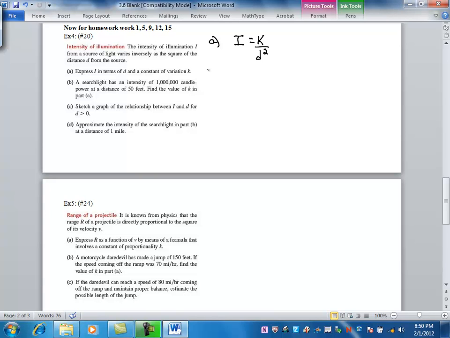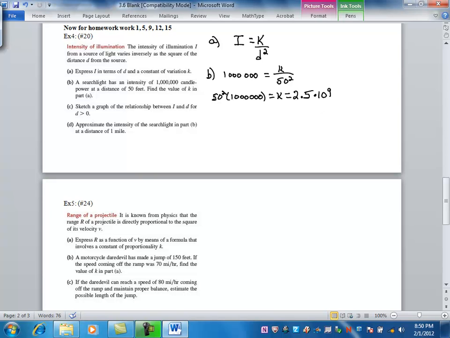A searchlight has an intensity of 1,000,000 candle power at a distance of 50 feet. Alright, so part B here, 1,000,000 candle power at a distance of 50 feet. So my K value here, when I multiply 50 squared by 1,000,000, my K value turns out to be 2.5 times 10 to the 9.